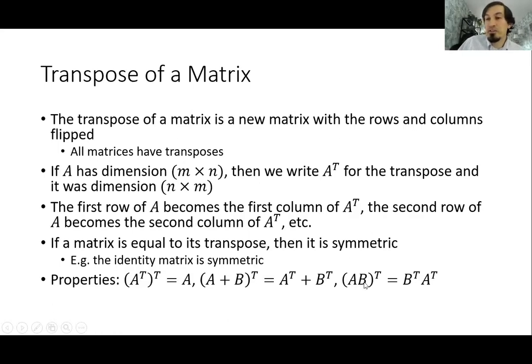If you take two matrices and multiply them, A times B, and then take the transpose, it's exactly equal to the product of the transposes of the two matrices, but in the reverse order. What? Yeah, that's true. A times B transpose is equal to B transpose times A transpose. That's just an interesting fact about transpose.